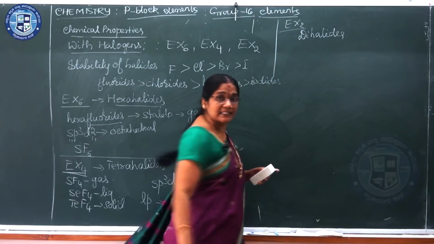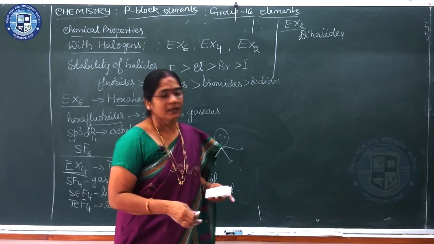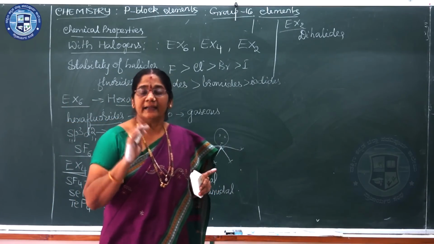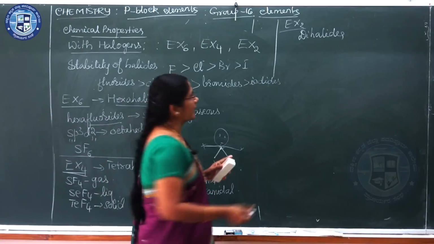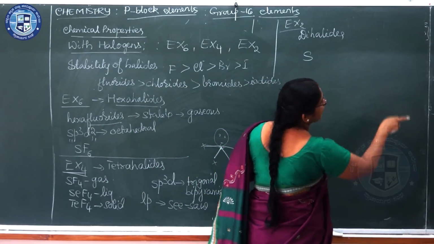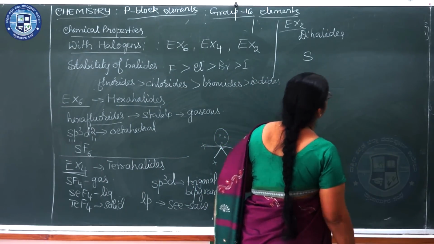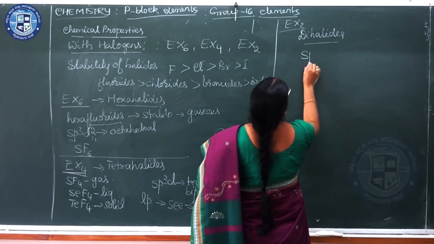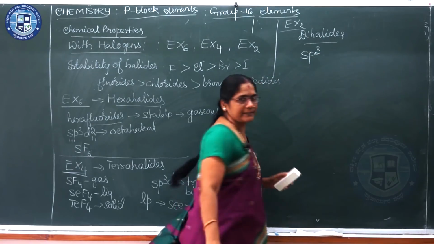Next, coming to dihalides, EX2, except selenium, the others form dichlorides and dibromides with sp3 hybridization.